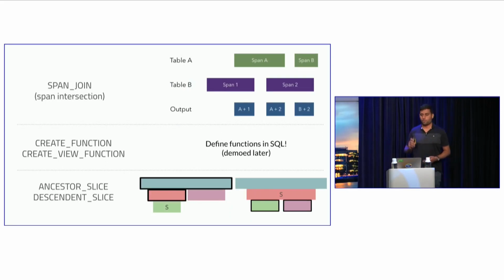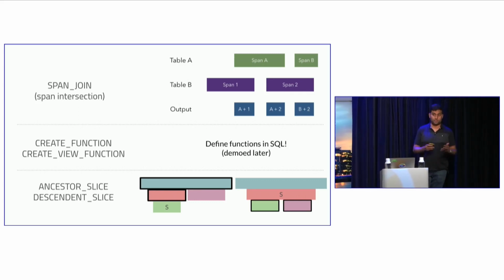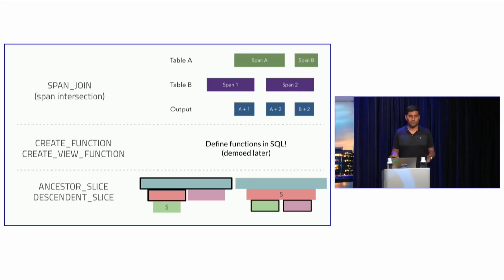Also, another important thing is that when we say it's an SQL API, it's not a pure SQL-only API. There are some things which undoubtedly are very hard to do inside SQL. A key example is something like span join. It's very common to require an intersection between two things. Let's say, for example, you want to compute the megacycles of a process, and you're trying to intersect scheduling data with CPU frequency data.